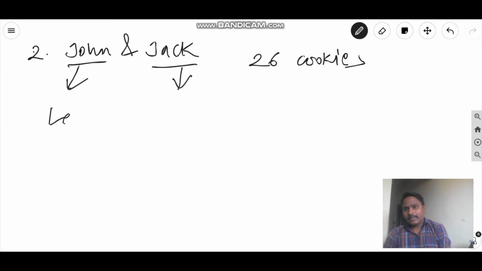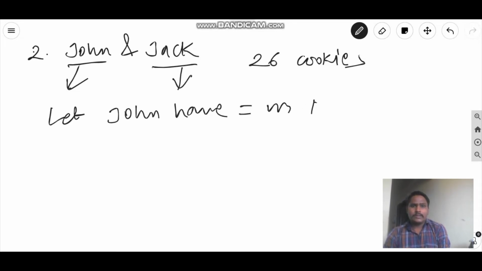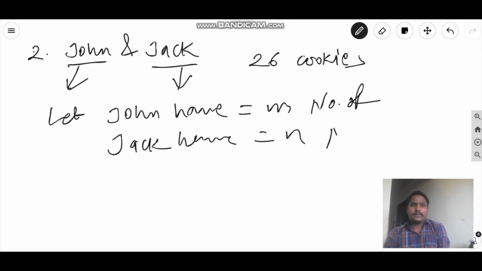So let John have say m number of cookies, and Jack have say n number of cookies. And what is given in the question is that Jack and John together have 26 cookies.